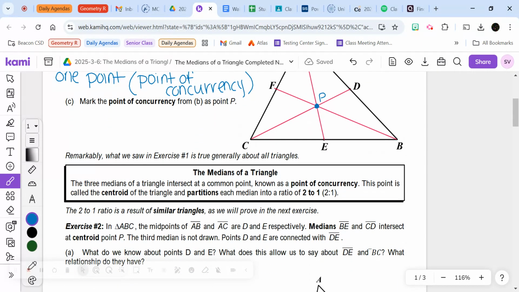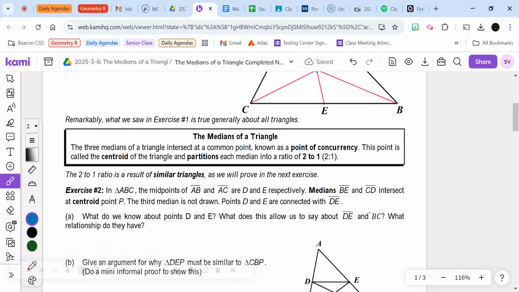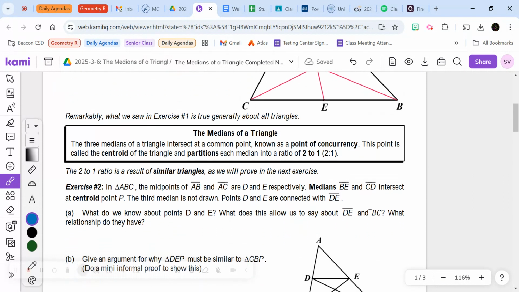So again, the medians of a triangle are, that definition is given to you below. It says the 3 medians of a triangle intersect at a common point, known as the point of concurrency. This point is called the centroid of the triangle, and it partitions each median into a ratio of 2 to 1. So here comes the ratios again. We talked about all these yesterday when we were partitioning a segment.